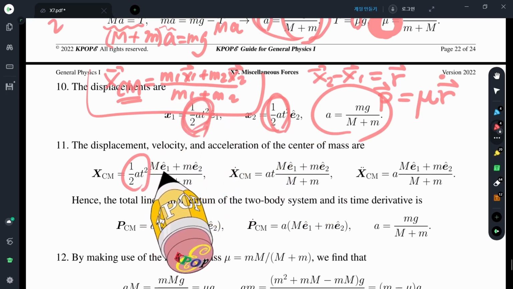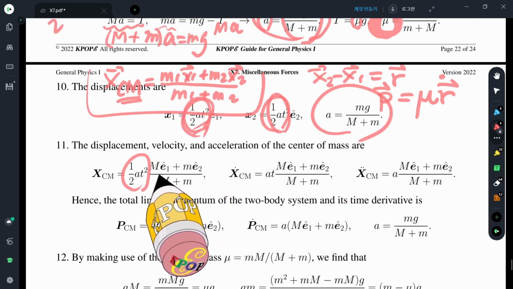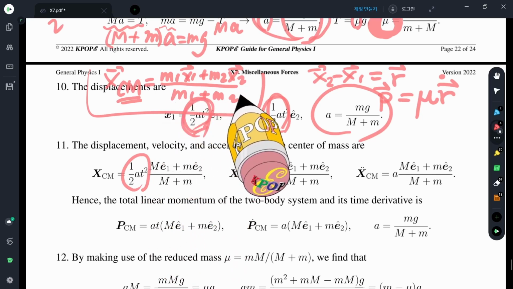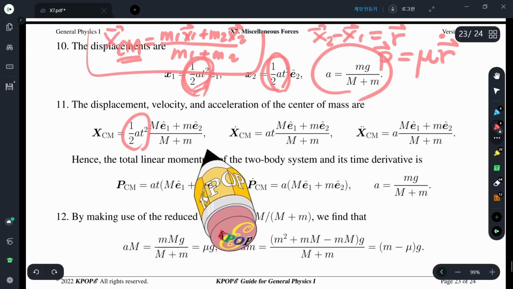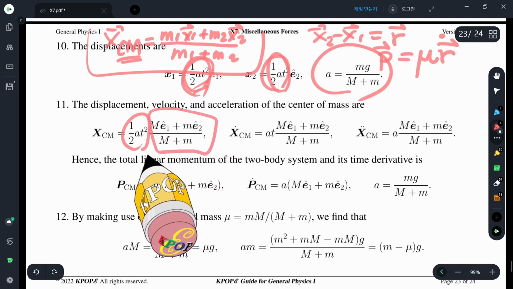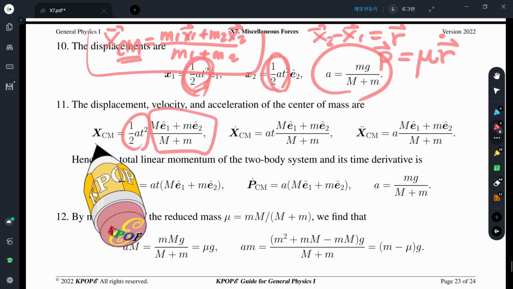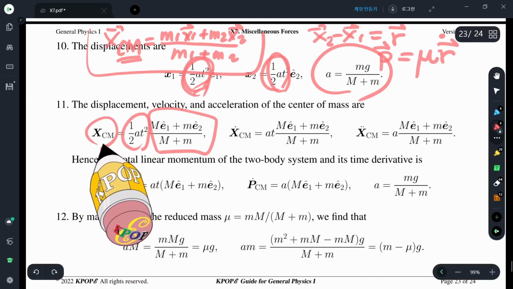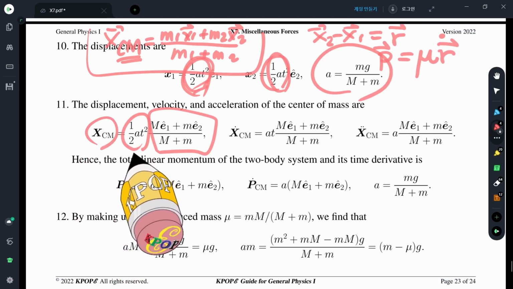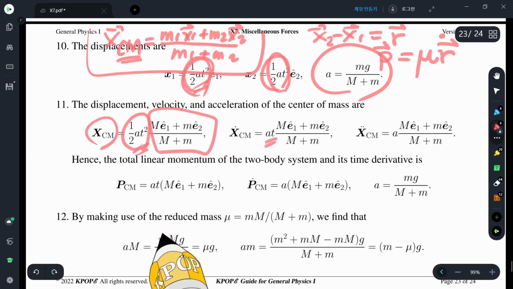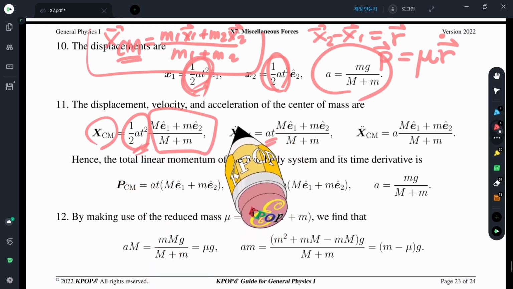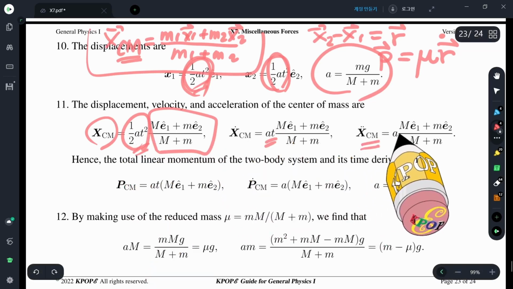Capital M in here, and small m in here, and divide this by the sum of the masses. Everything is determined. This is a constant vector. If we take the time derivative, that will give a t. I can take another time derivative to find the acceleration.